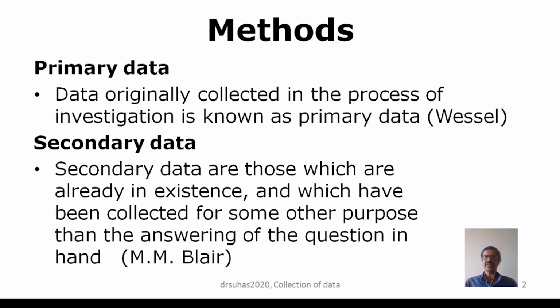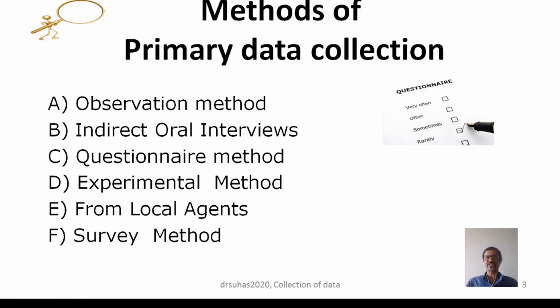So, based on the different types of data, whether it is a primary data or the secondary data, different methods have been designed. Some of the common methods of primary data collection include the observation method, where the investigator observes and records all the necessary information, the indirect or the direct oral interviews, where the investigator or the researcher is going to interrogate in the form of question and answers with the interviewee.